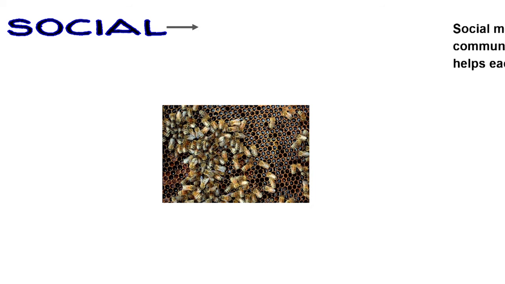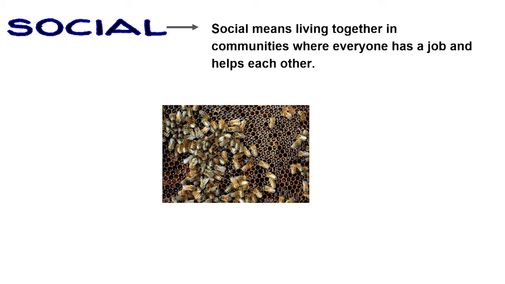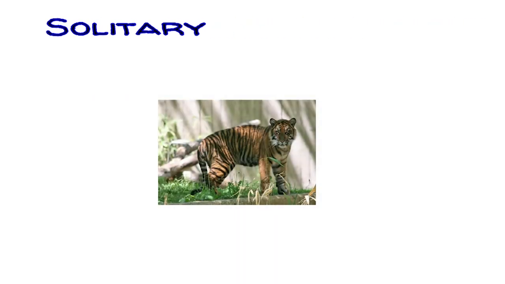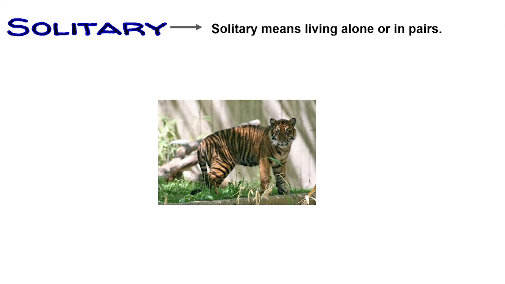Next, we learned the difference between social and solitary. Social means to live in a community, and solitary means to live alone. In our next lesson, we will read to learn which insects are social and which are solitary.